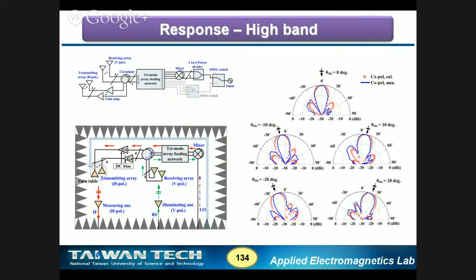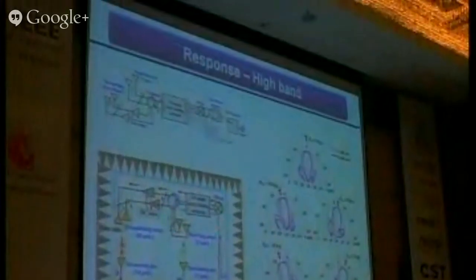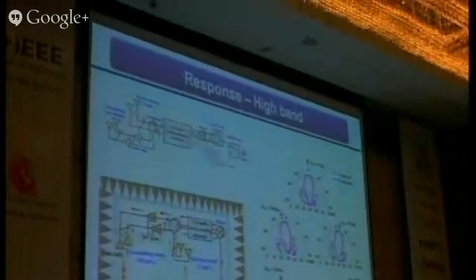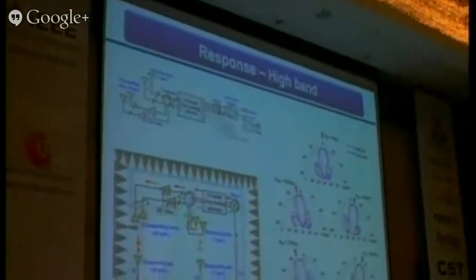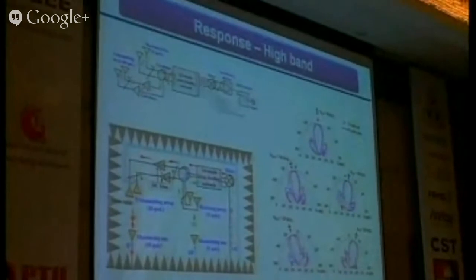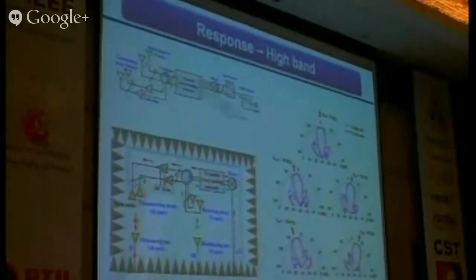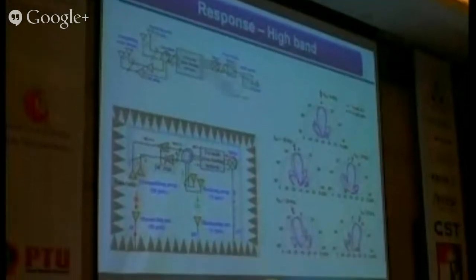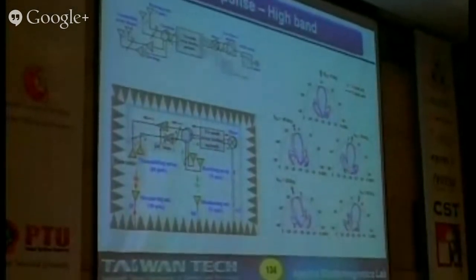The illuminating signal is a continuous wave, but you can add your own information from the local oscillator. Then you can retransmit your own data to the interrogator. It is the principle of an RFID system, right? So in this way, you can use the high band to become a semi-active RFID tag or something like that.